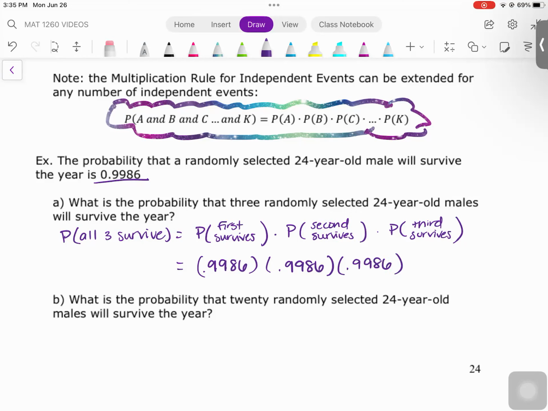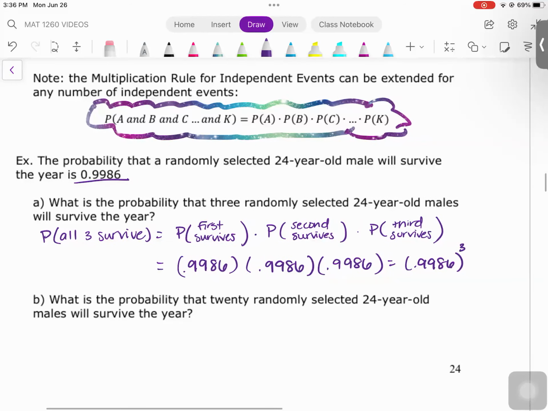Now this product of the same number 3 times can be written 0.9986 raised to a power of 3. And this is a little bit more efficient to type into our calculator. Not that we can't multiply 0.9986 3 times, but as we increase the number of individuals, then we certainly don't want to be typing in 0.9986 so many times.